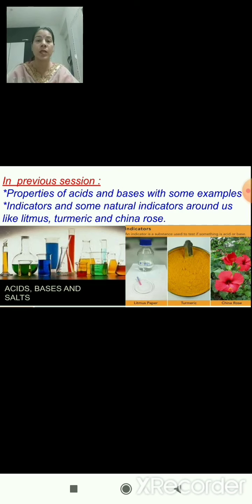You have also learned about indicators, and you have also studied about natural indicators around us like litmus paper, which is obtained from lichens and it is a natural dye.